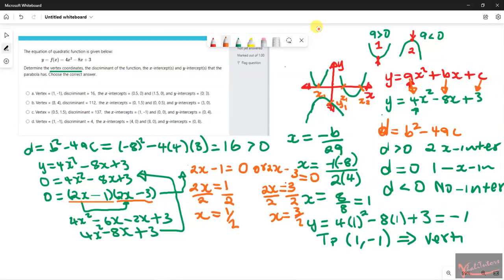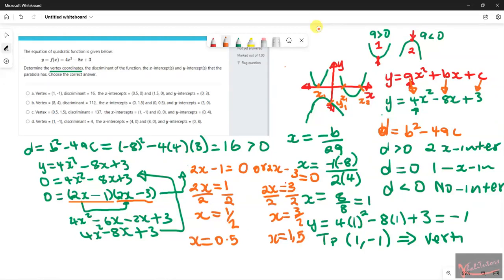So x equals 1 over 2, which is the same as 0.5, and 3 over 2 is the same as 1.5. This is x.